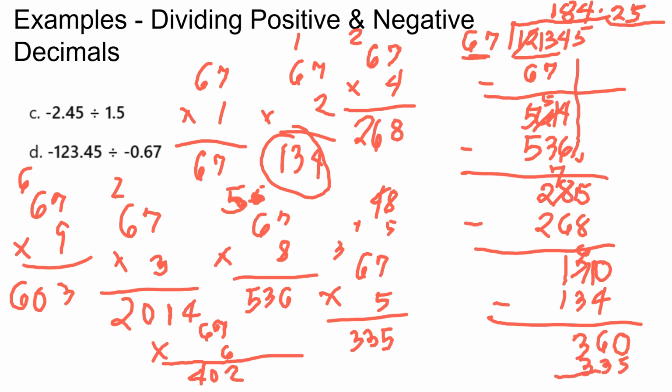Okay, and then we try to subtract that again. 360 minus 335. Okay, so it will give us 25, right? Yes, it will give us 25.